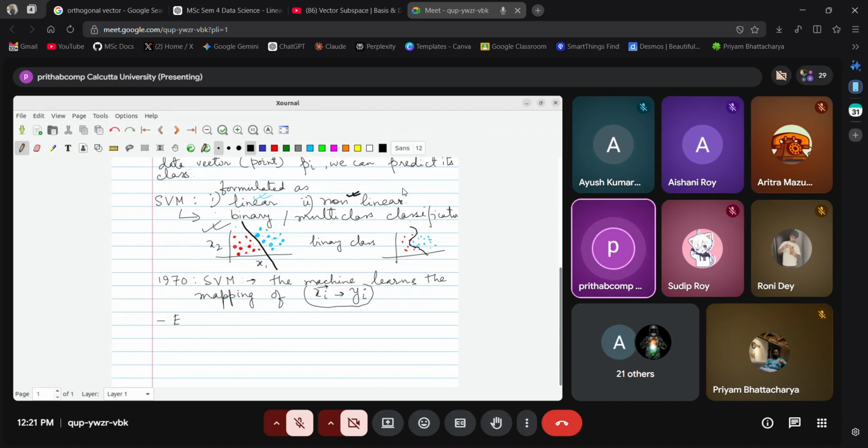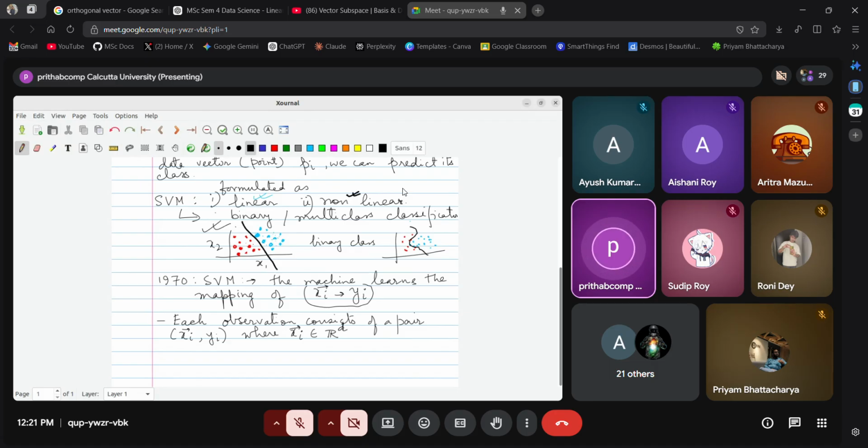What we consider is that each data observation consists of a pair xi, yi, which I have written earlier also, where xi is a vector which belongs to the space R to the power d.